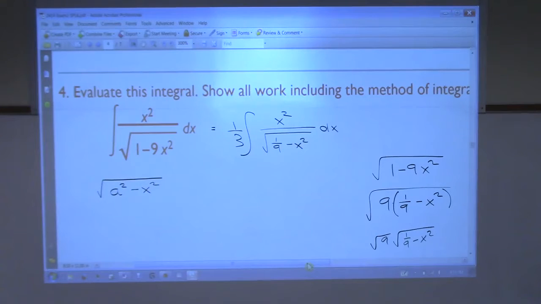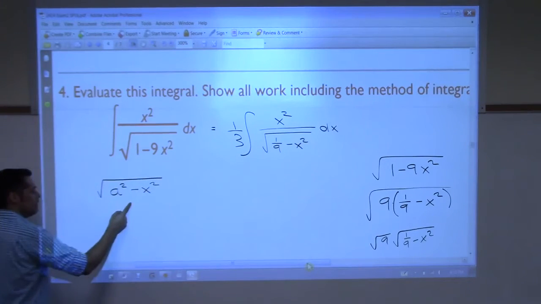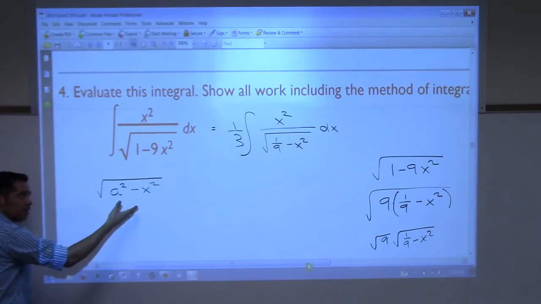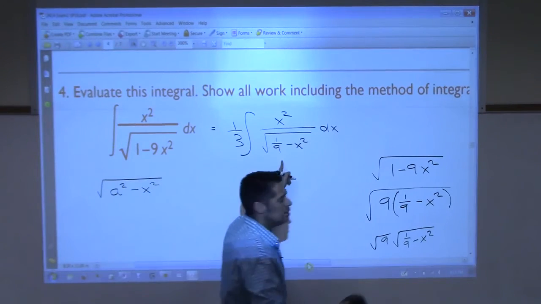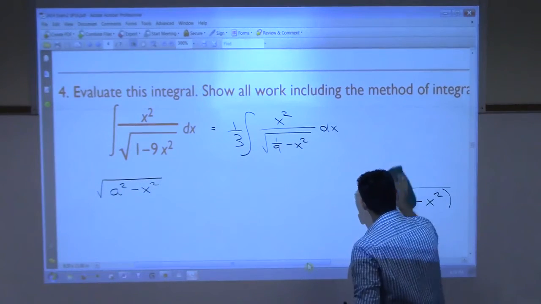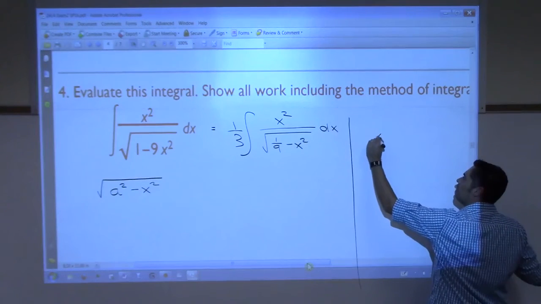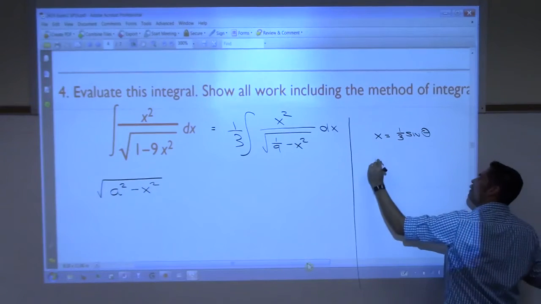All right, I think now we can do it, right? What is the trig substitution that you make when you see this? X is a sine theta. What's a for us? 1/3, right? The square root of 1/9. X is 1/3 sine theta.